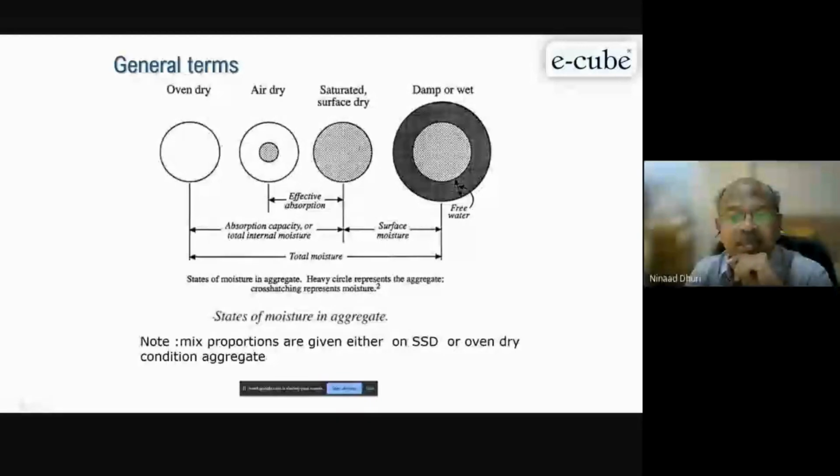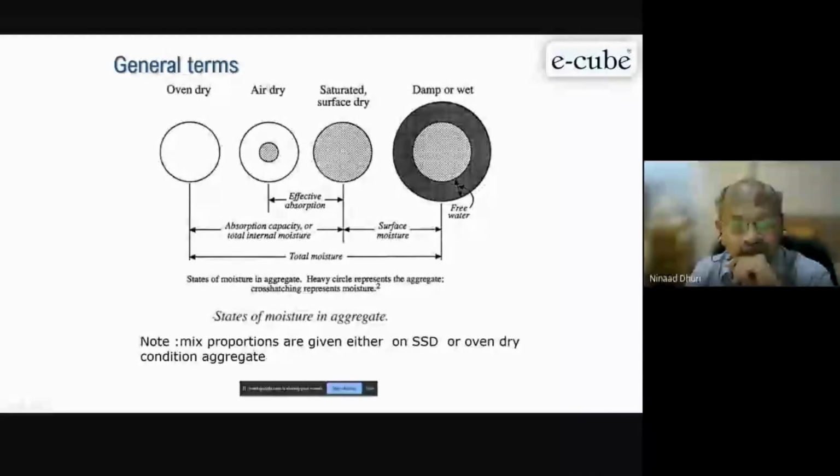So this is the absorption capacity or total internal moisture, and it doesn't depend upon any other conditions. But effective absorption, this is air dry, depends upon your ambient conditions.